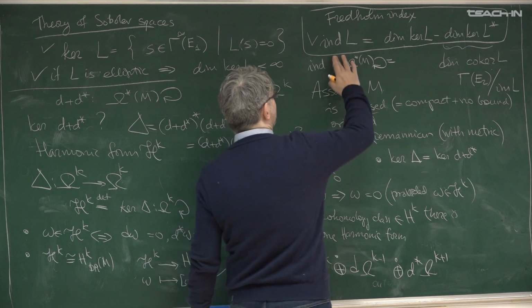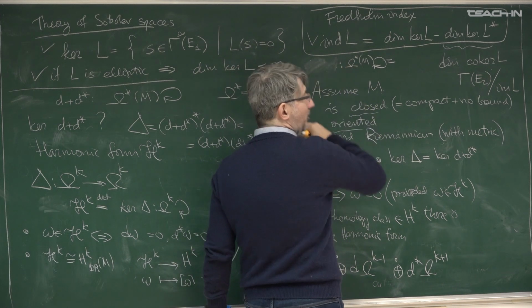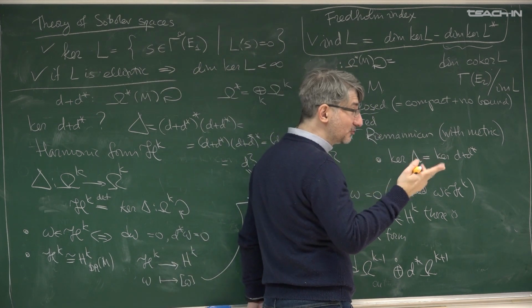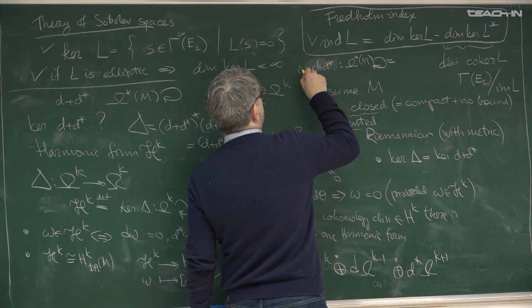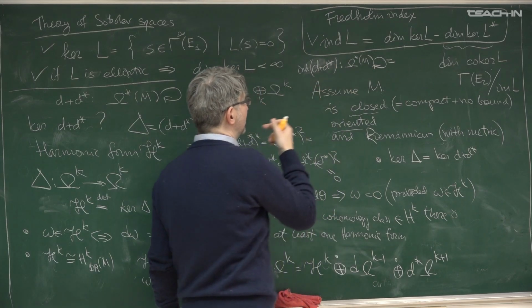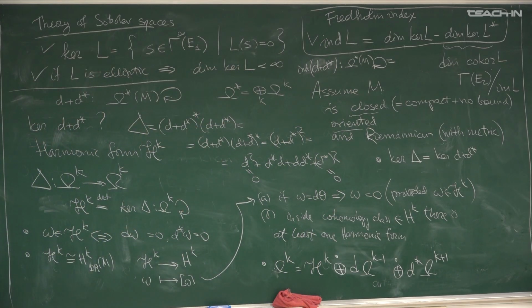Index of d. Nobody knows what is an index of d because d is not elliptic. But d plus d star is elliptic. Why? Because it's self-adjoint.